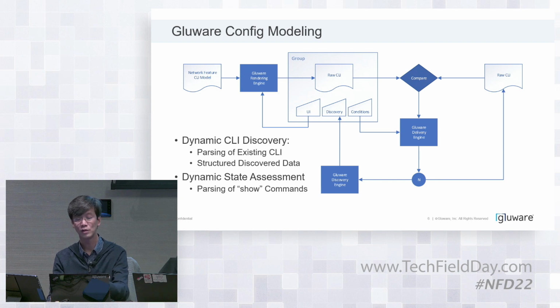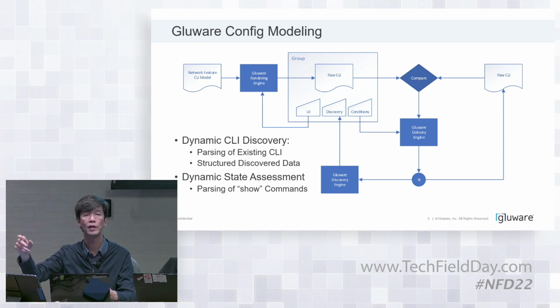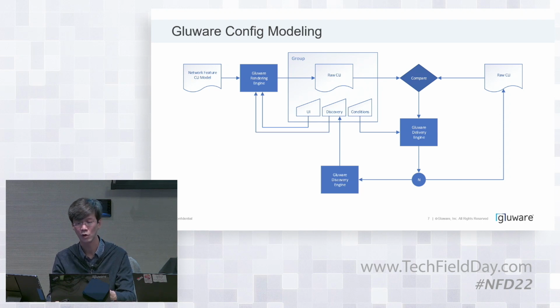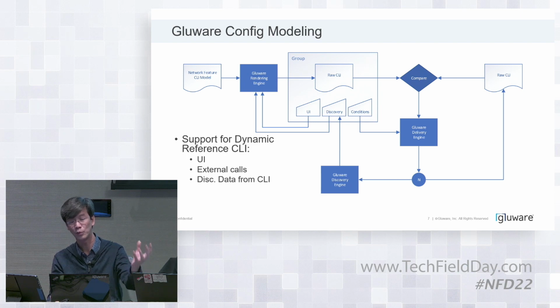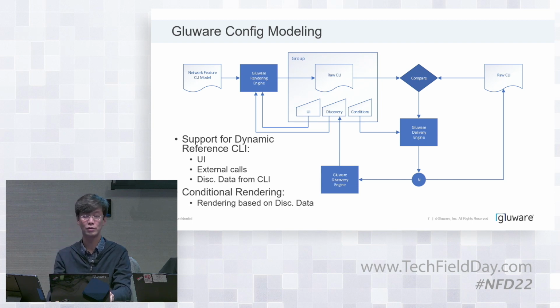The discovery engine allows you to define, oh, I want to grab this particular MTU value from a show interface and be able to put this into your dynamic CLI. All that discovery data, this is the extra arrow that goes to the discovery engine. The goal is that you can literally put that discovery data into your CLI, and this also allows you to do conditional rendering.